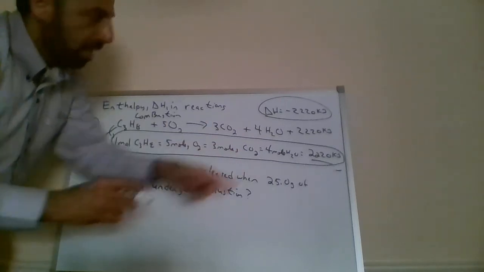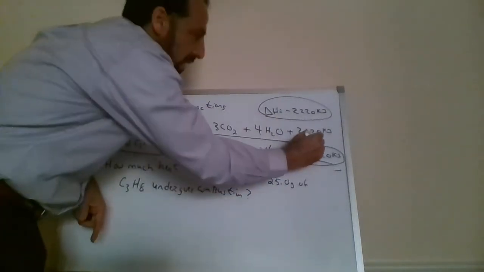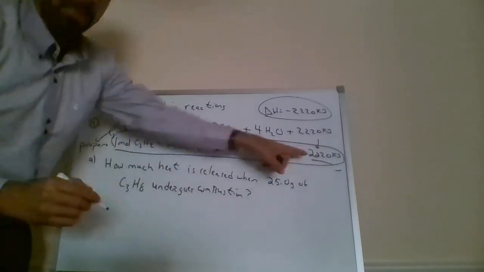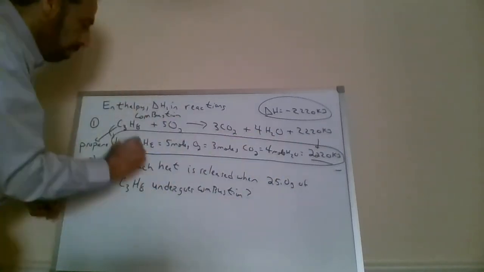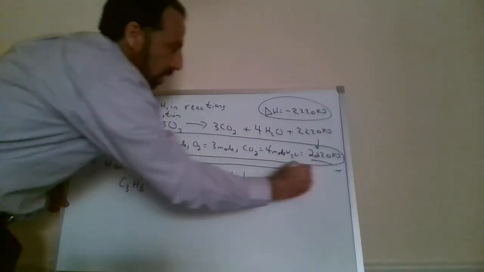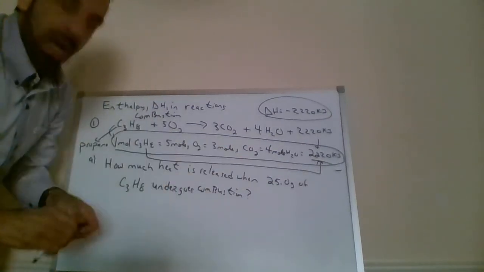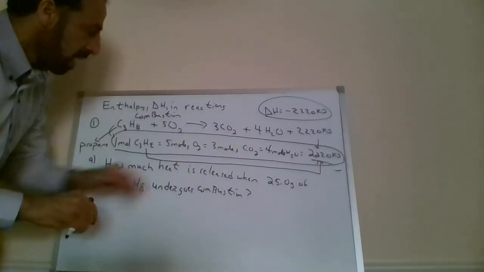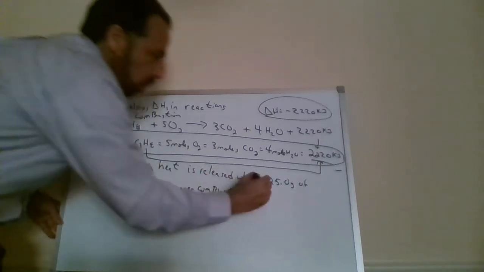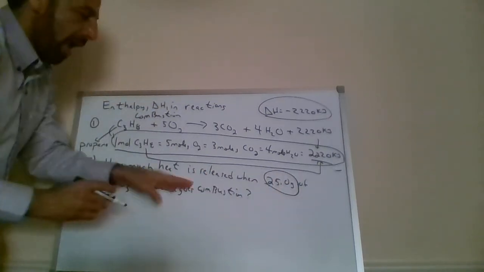The only thing is, I'm going to write this as part of the stoichiometry too. And so basically, 1 mole of propane will produce 2,220 kilojoules of energy.